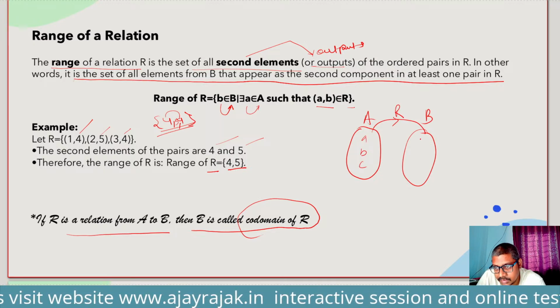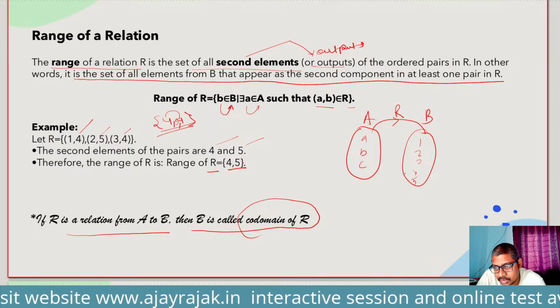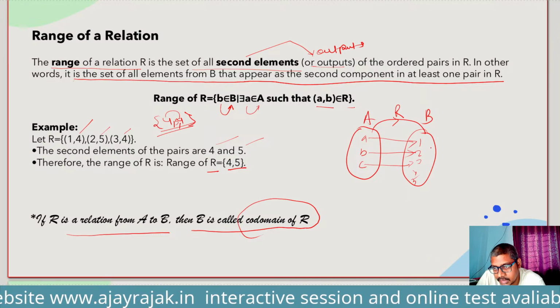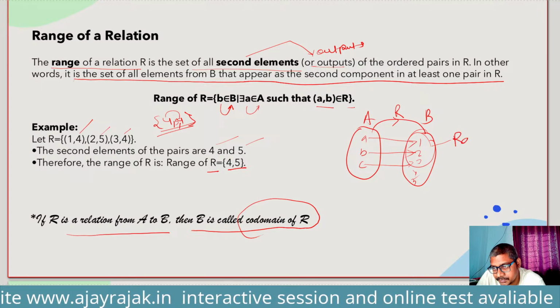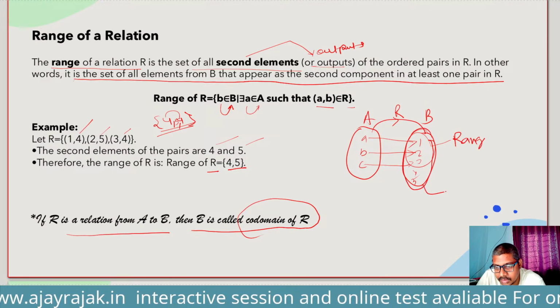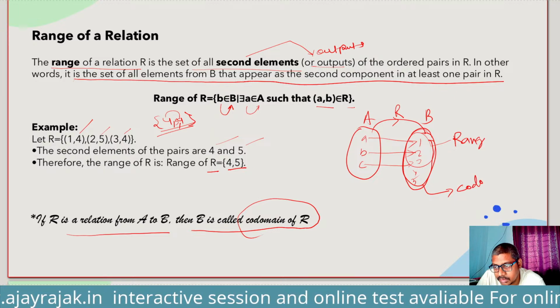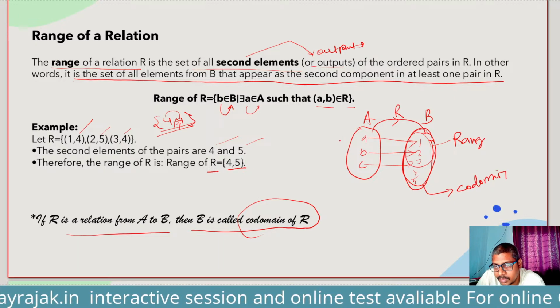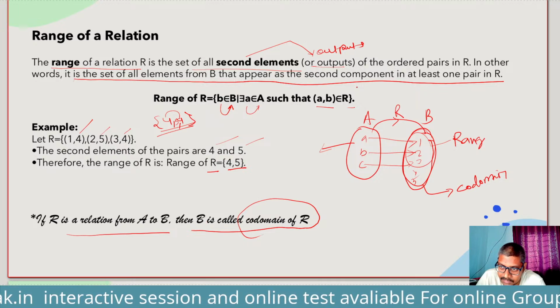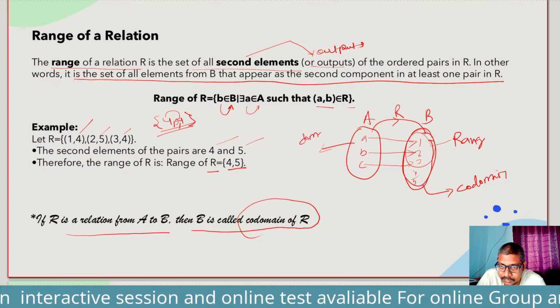The elements making the association come under the range, and all the elements in B are called the codomain. And the domain is all the elements of A.